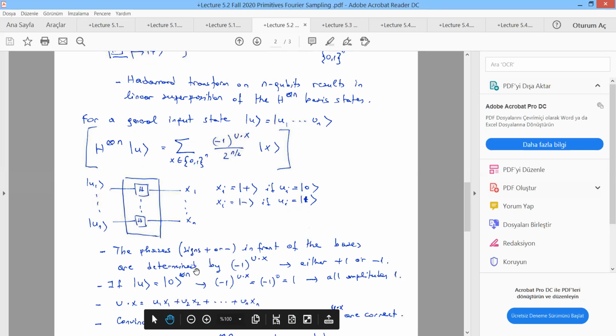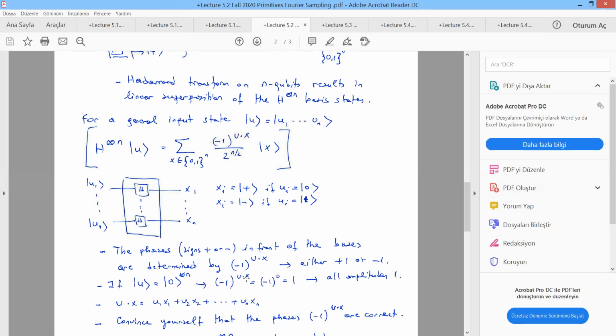Like for instance, let's consider the case when we have the input |0>. All the qubits are in the 0 state initially. So in this case, minus 1 to the u dot x would be 1, because the input state is 0. All the elements of u are 0: u1, u2, u3, up to u sub n, all of them are 0.